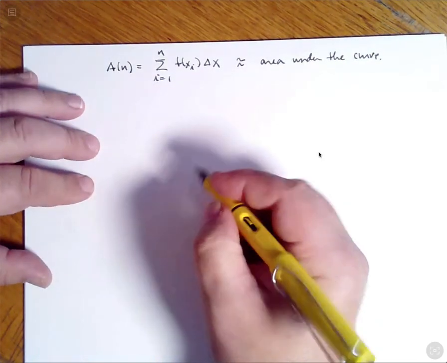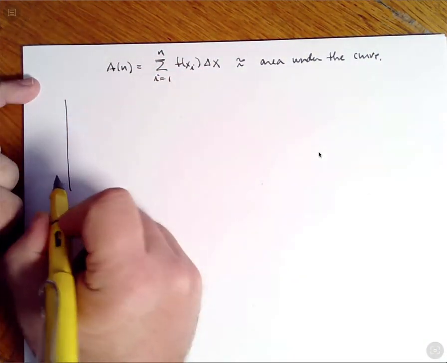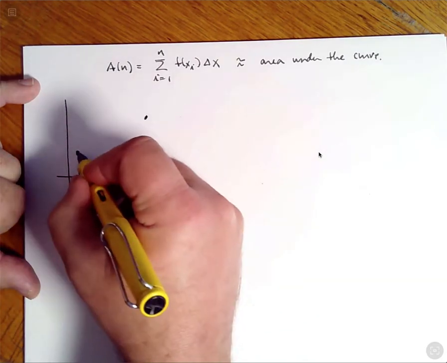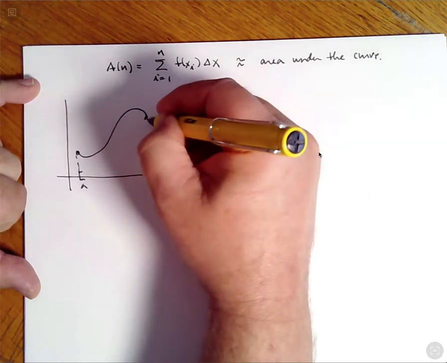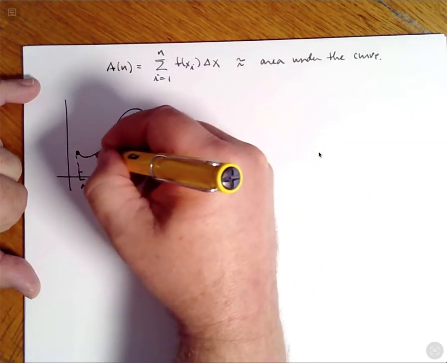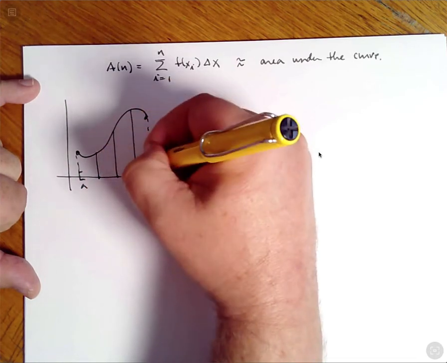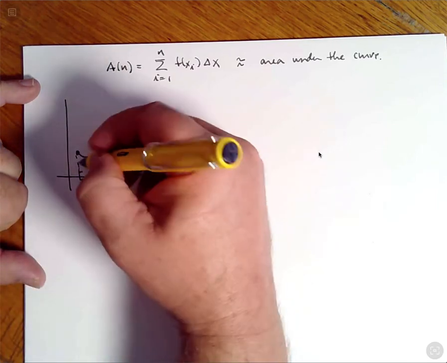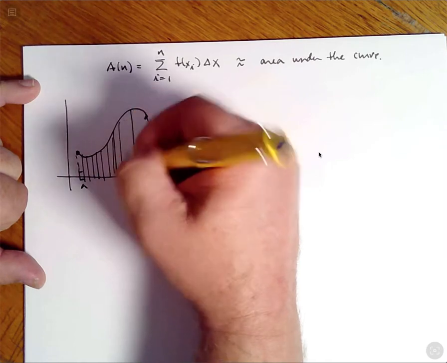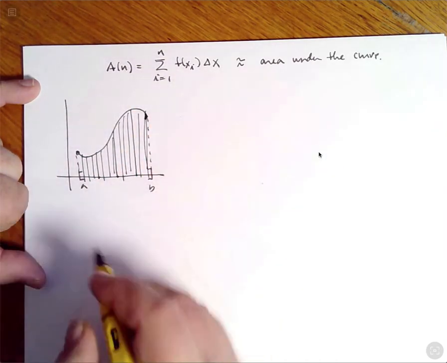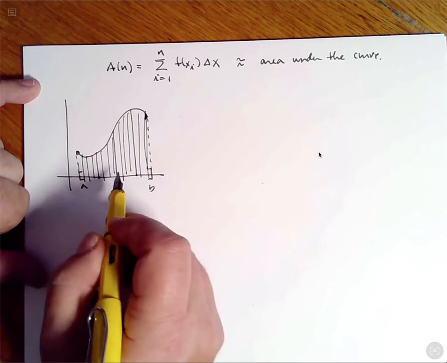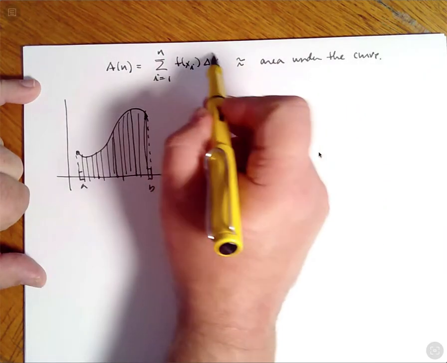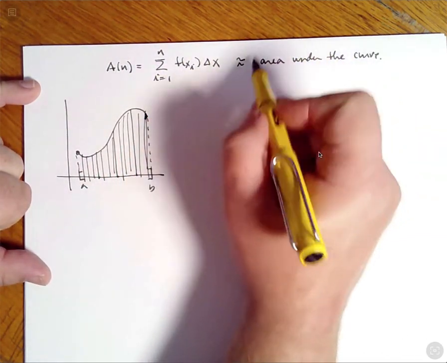But something amazing happens as you make these rectangles narrower and narrower: the area of the rectangles gets closer and closer to the area under the curve. That is, this left-hand side gets closer and closer to this right-hand side.